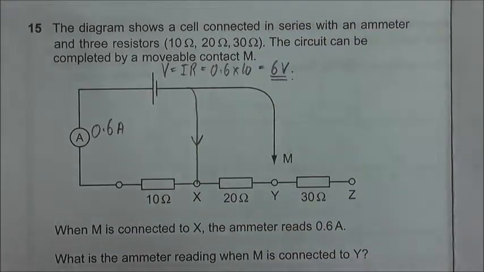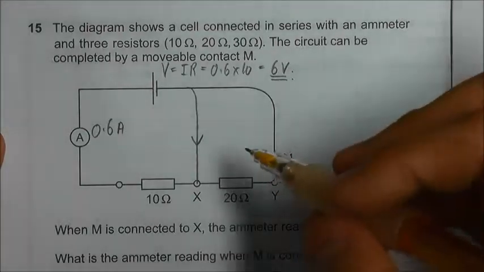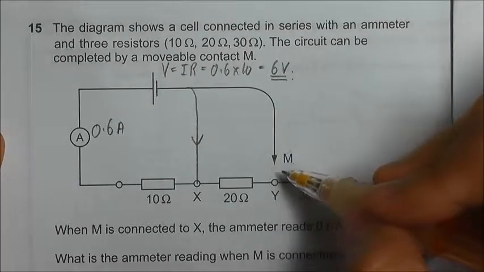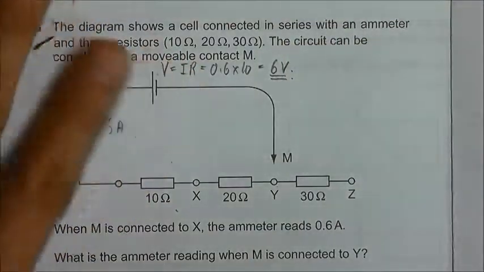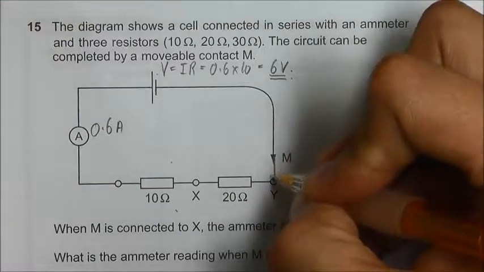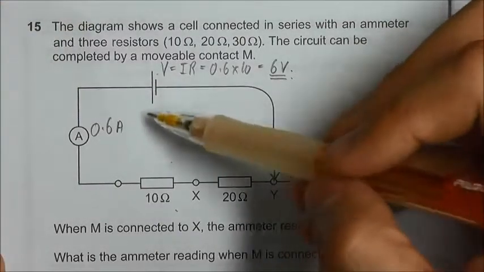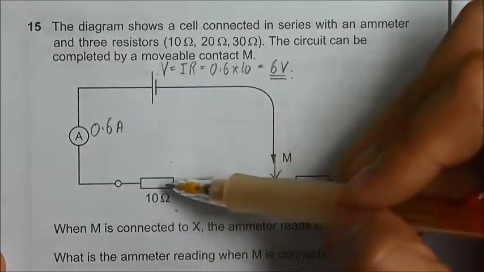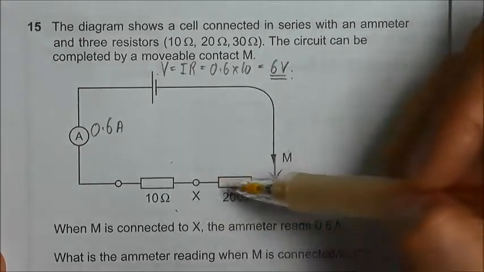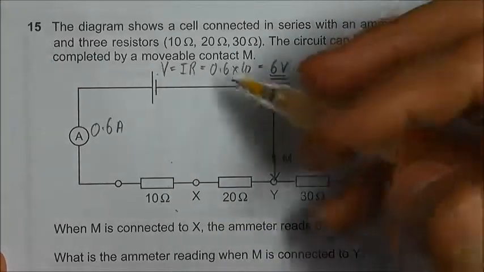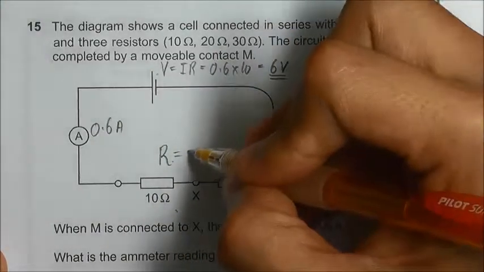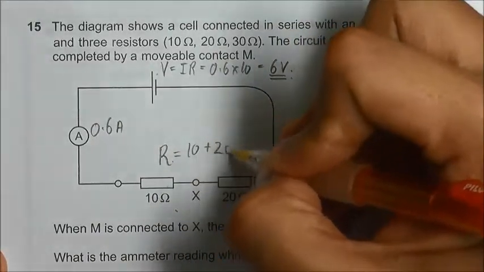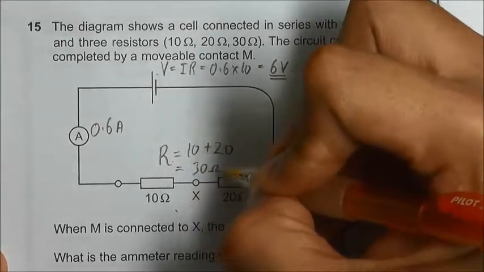Now we shift the contact M to position Y. Let me erase this. When M is at Y, we have a series circuit that has 10 ohm and 20 ohm resistors in series. So now the total resistance will be 10 plus 20 is equal to 30 ohms.